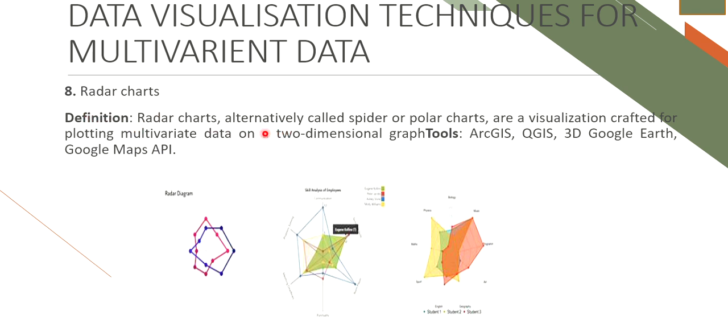So the last one is a radar chart. It is also called a spider chart or a polar chart. Why? Because it plots multivariate data on a two-dimensional graph. A radar chart is similar to the area chart we discussed, showing in the form of a shaded area. This chart will tell you where a closed network or a cycle appears.